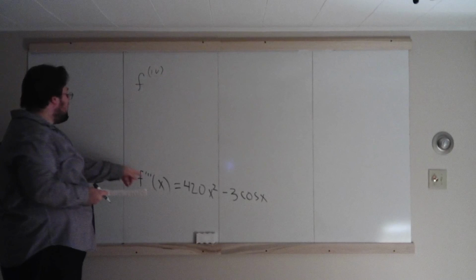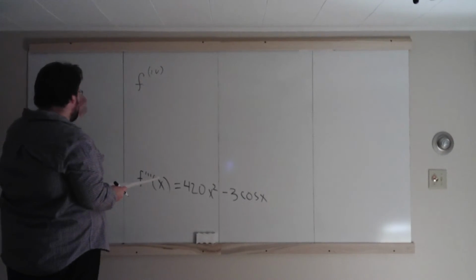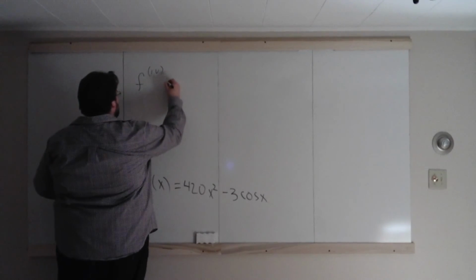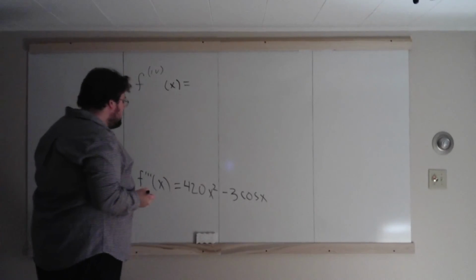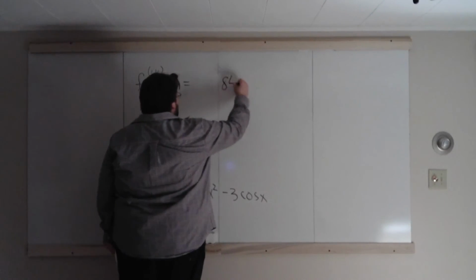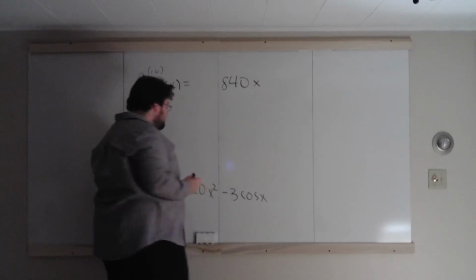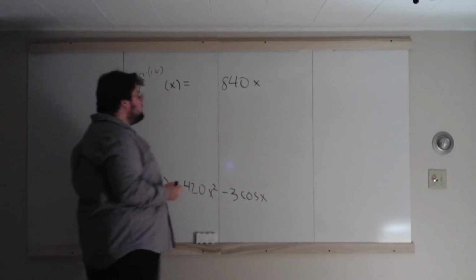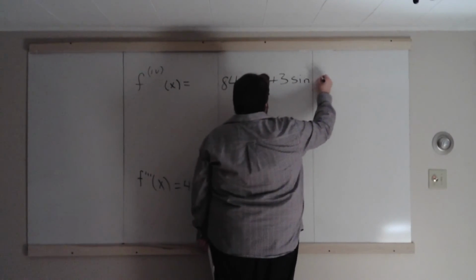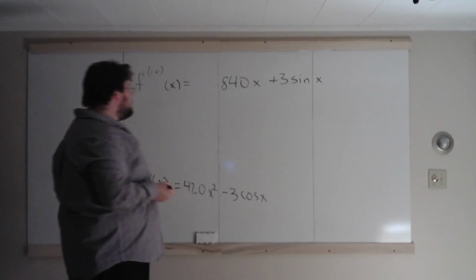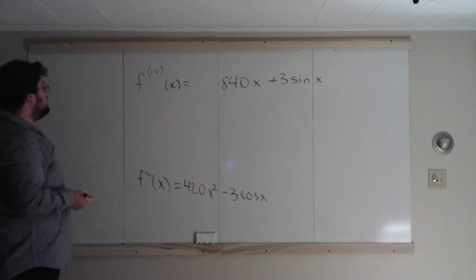Instead of writing prime, prime, prime, prime, write an IV in parentheses for the fourth derivative of x. Well, what's the fourth derivative? 420 times 2 is 840 times x to the first. Derivative of cosine is negative sine. So the negative and the negative make a positive.